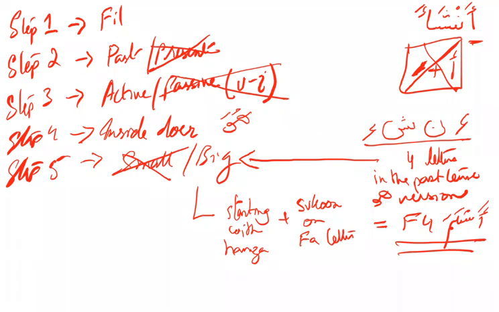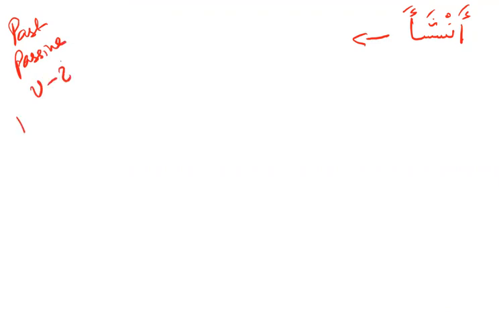Okay. So now you have to do the past passive. And past passive is U beginning, Unshia, and a kasra on the Ain kalma. So here the Ain kalma is sheen.